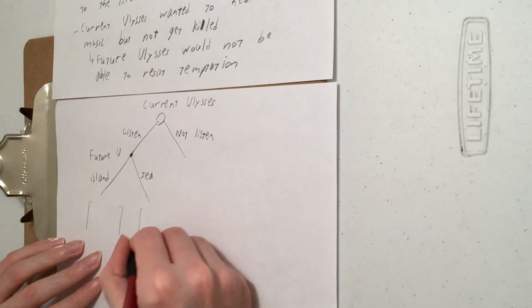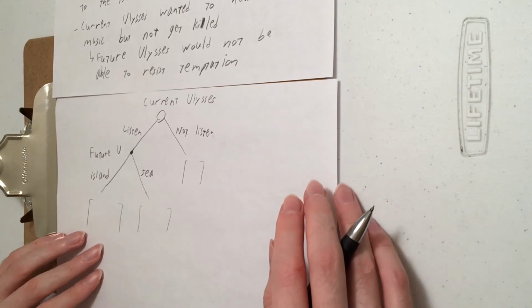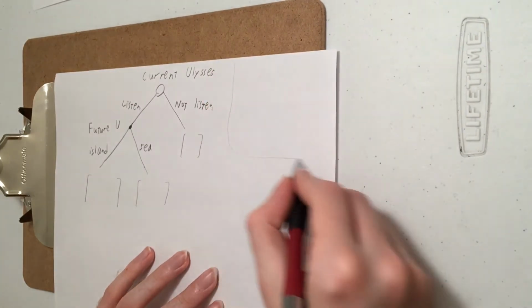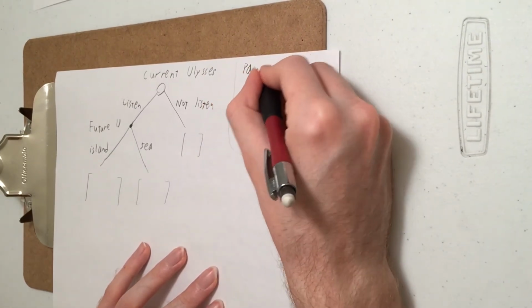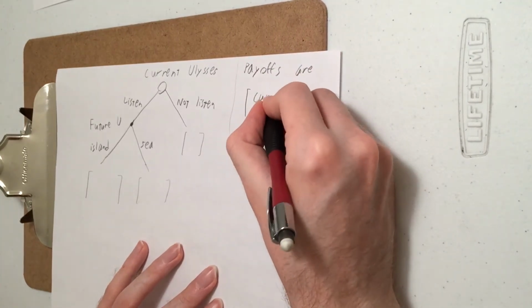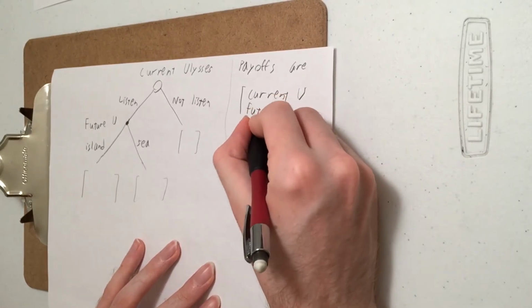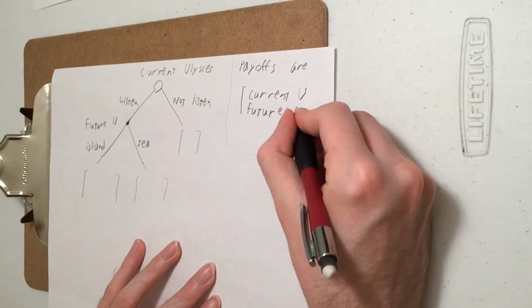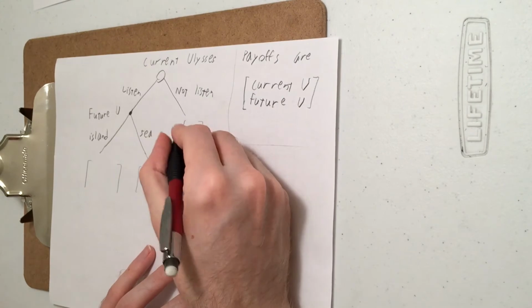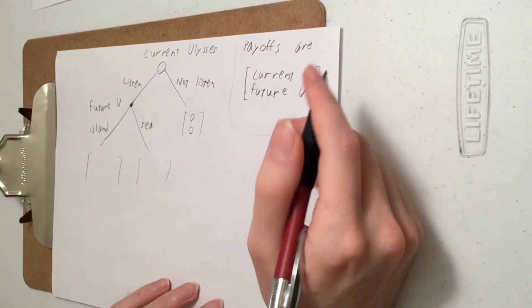And there are payoffs. We'll list the payoffs with current Ulysses on top. So if they don't listen, then let's just call it 0, 0.